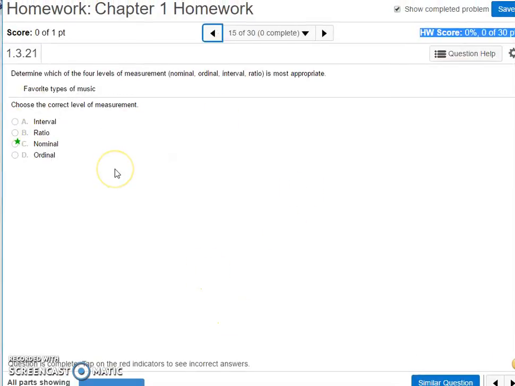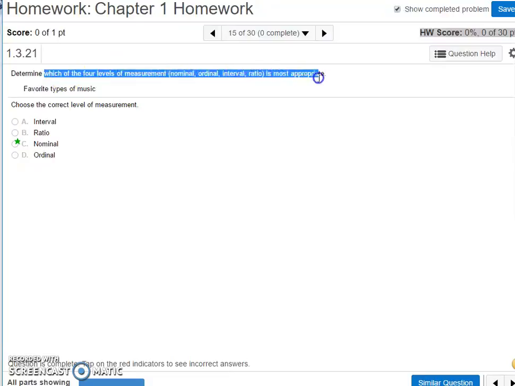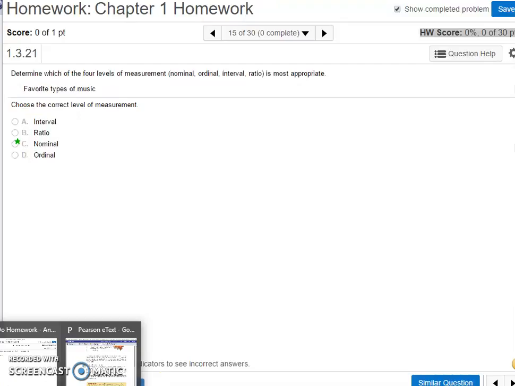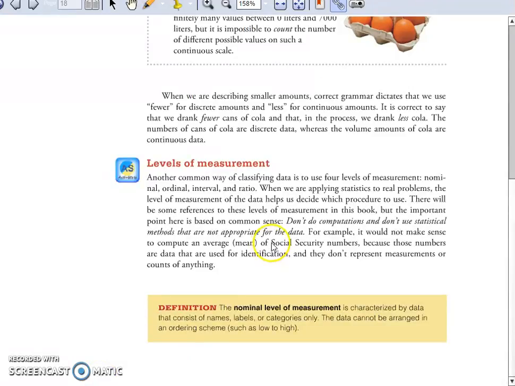So another group of questions in here is going to ask about determine which of the 4 levels of measurement, nominal, ordinal, interval, ratio is most appropriate. So this is favorite types of music. But if I go to my textbook, then what's going to happen? So I went to question help, textbook. It's going to tell me levels of measurement. Nominal level of measurement. So the nominal is going to be name only.